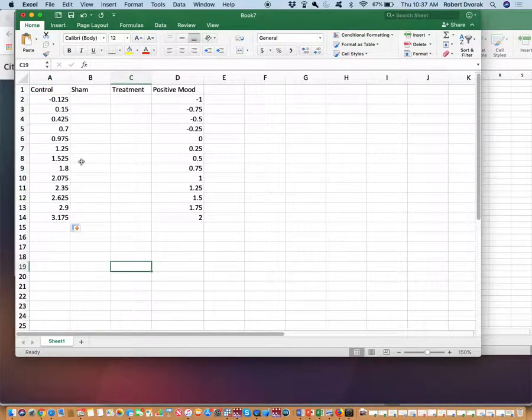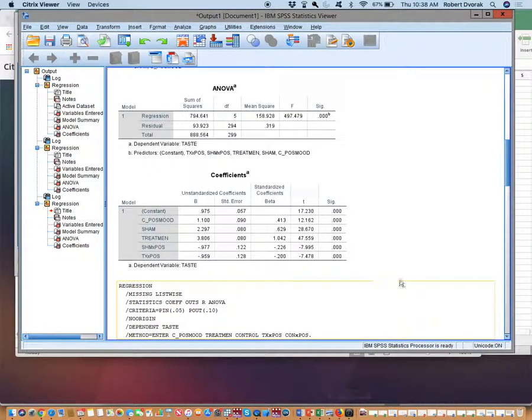How do we get our line for our sham group and our treatment group? Yep, use a different regression equation. I'm just going to grab this and pull it over for sham. And then I know that I have to replace my intercept and my slope, right? So let's have a look at our intercept and our slope here.